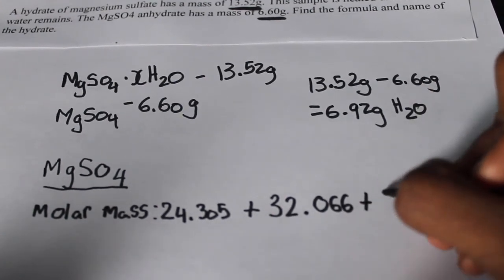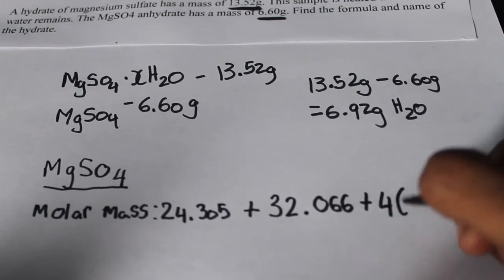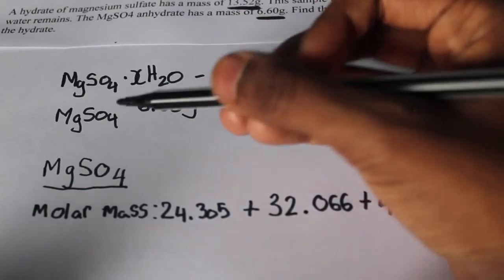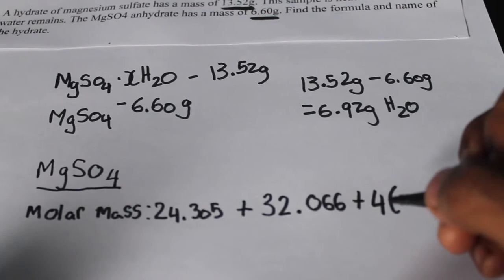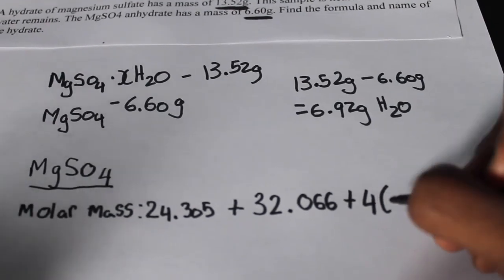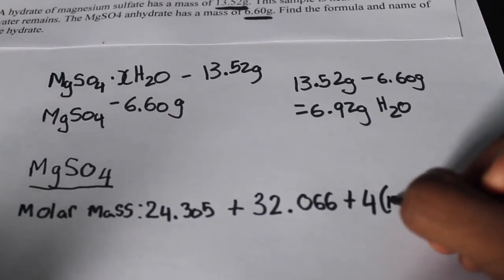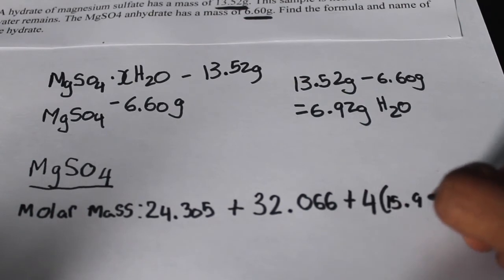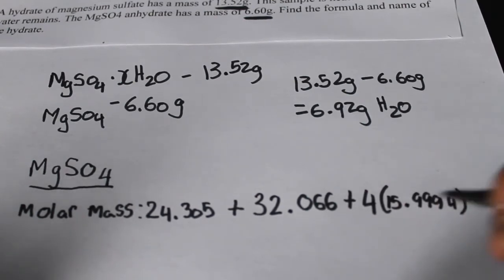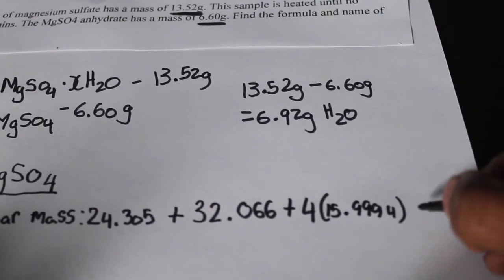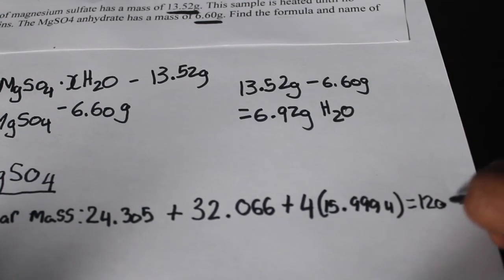Because we can see here that oxygen has 4 atoms in magnesium sulfate. 4 multiplied by 15.9994. This is equal to 120.3685 grams per mole.